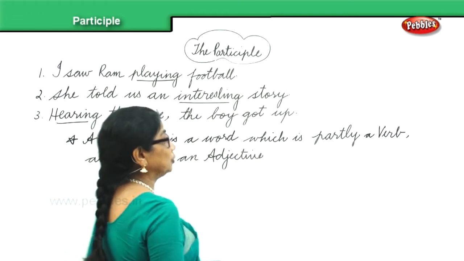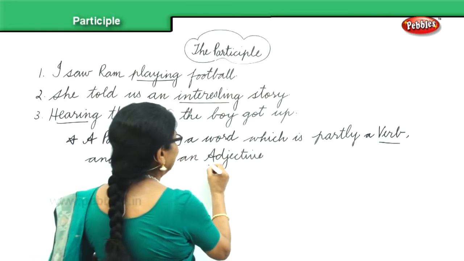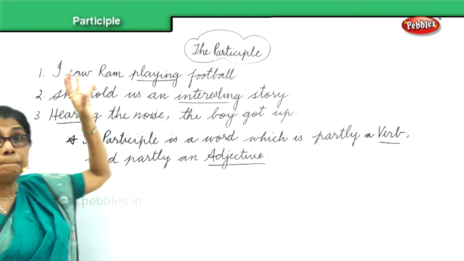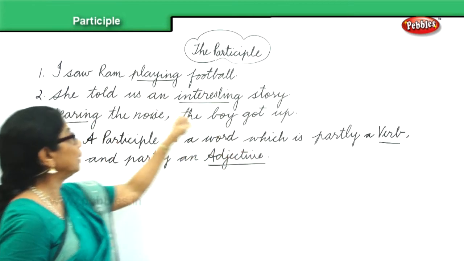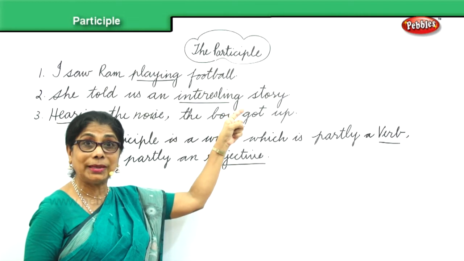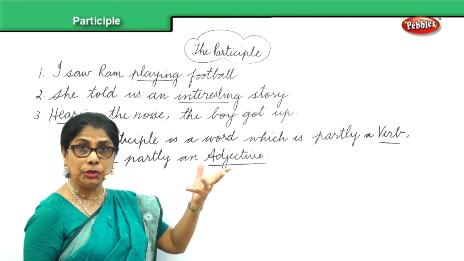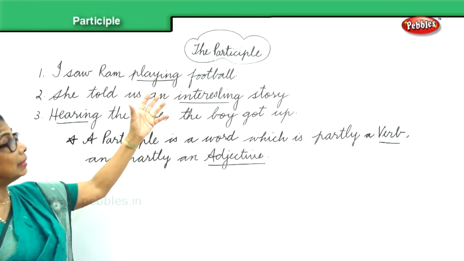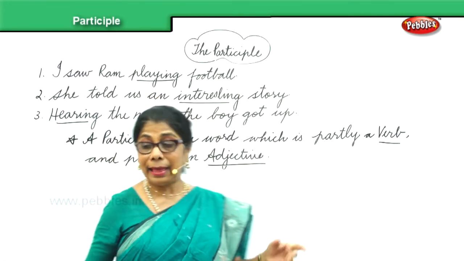That's very important for us to know. In the first one we have, I saw Ram playing. Here playing is a verb. But in, she told us an interesting story, interesting comes as an adjective, describing what story? Boring story? Interesting story. So a participle can be a verb or it can be an adjective.